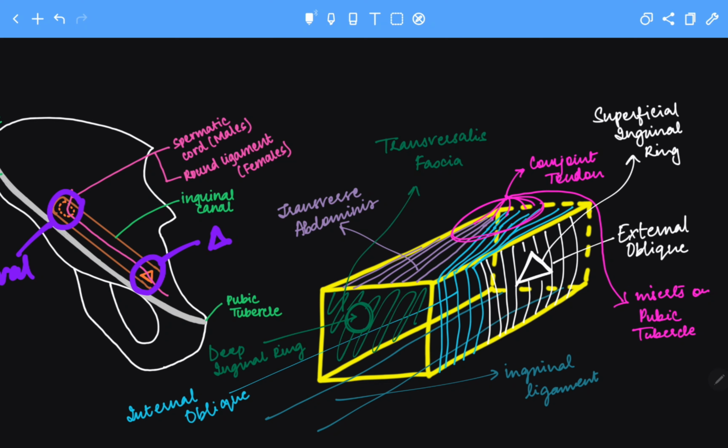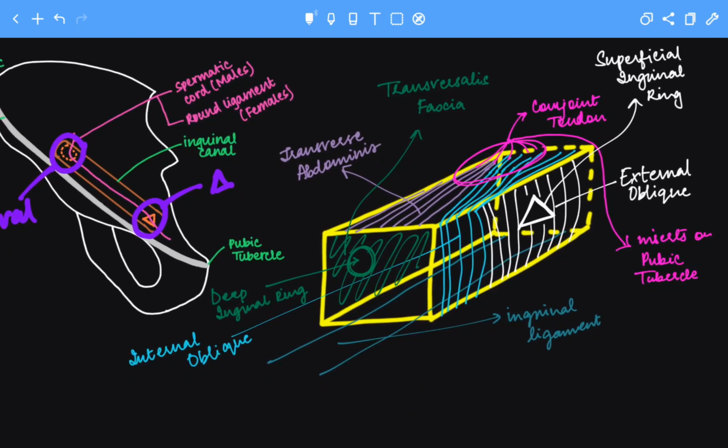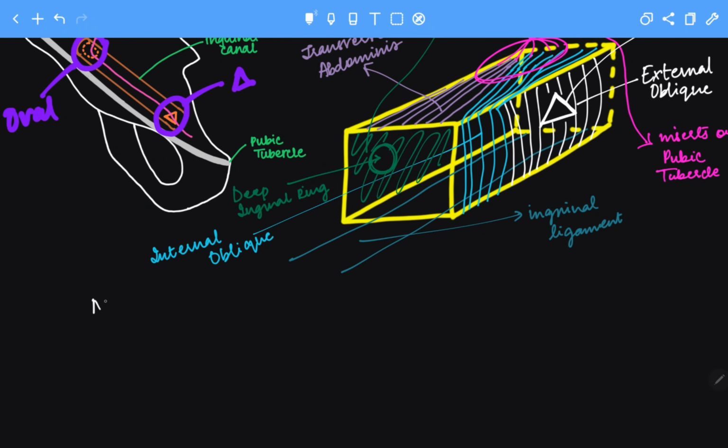Now, let's talk about the contents of the inguinal canal. The inguinal canal will have different contents based on the gender of the person. So, if it is a male, the inguinal canal will have the spermatic cord.